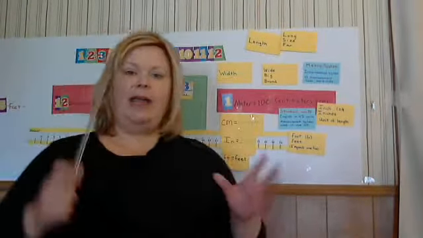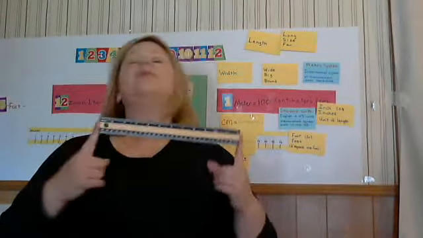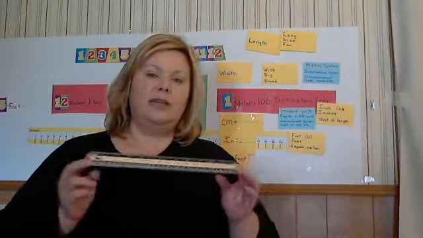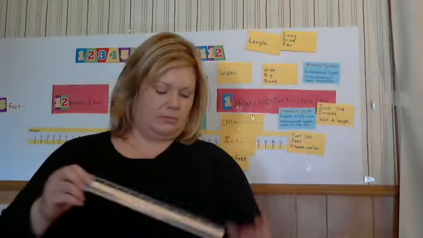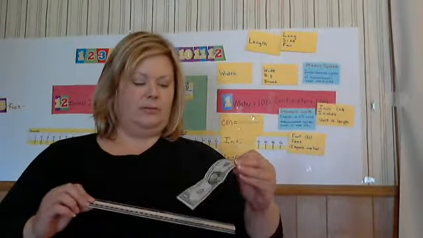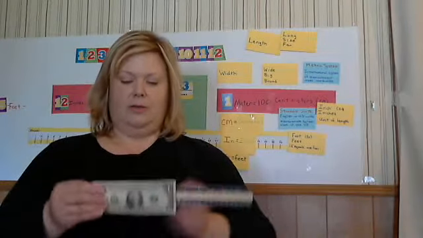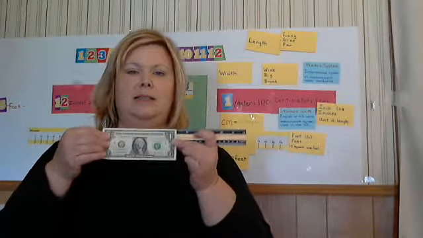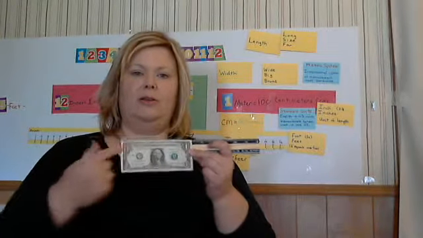So let's say we don't have a ruler. What are some other things, just normal things around the house we could use if we needed to measure something? Does anybody have an idea? What about a dollar bill? All paper money in the U.S. is 6 inches long.